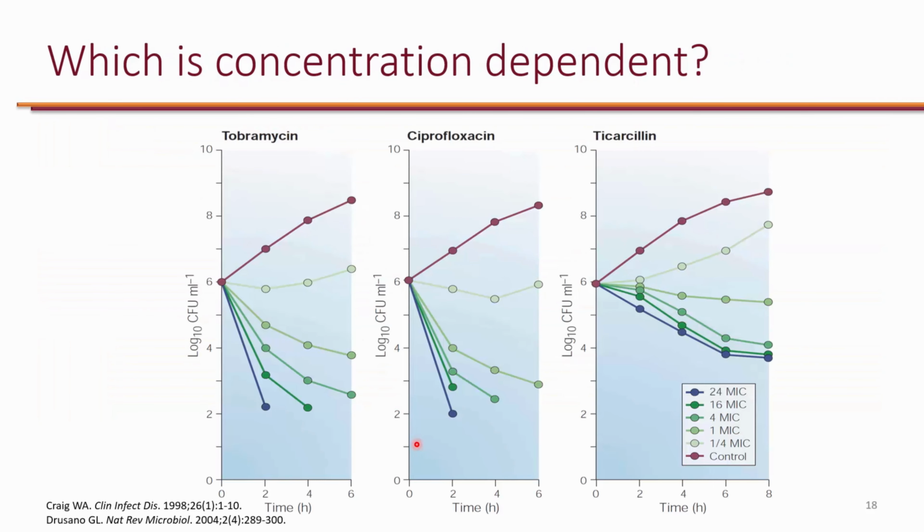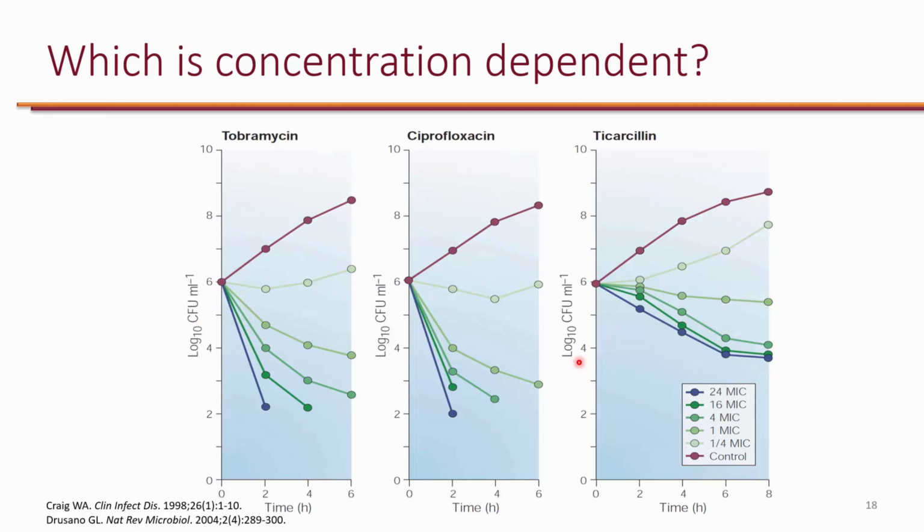In this picture, on the horizontal axis, we're looking at time, and the units of time are hours, and on the vertical axis, we're looking at the log drop in the CFU, or colony forming units of bacterial growth. CFUs are basically units of measuring how much bacteria grow on culture. In all three of these experiments, we have the control.